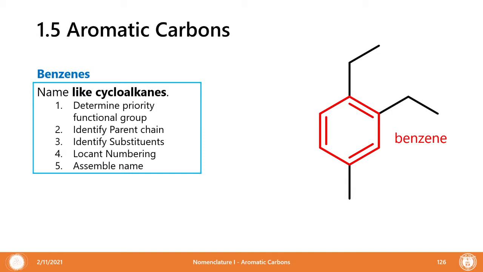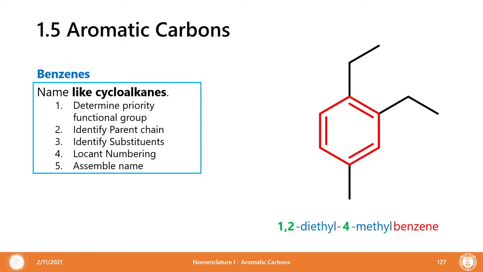Then we identify the substituents. We have two ethyl groups and a methyl group. And then we proceed to locant numbering. This direction is optimized to give us the lowest numbers for each substituent. So here we go. We have 1,2-diethyl-4-methylbenzene, since we have two ethyl groups.